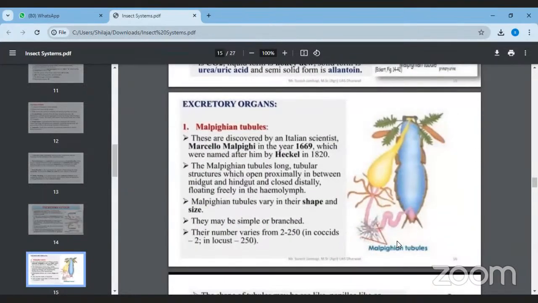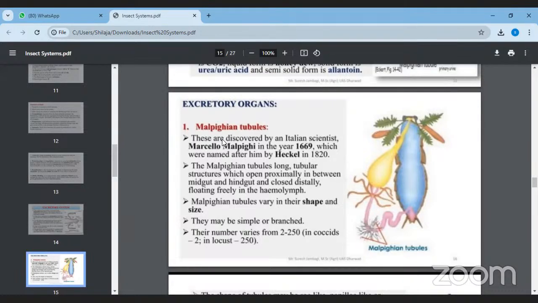Here you can get an idea, after the crop which stores the food. Last class we discussed this system. Here we are seeing the Malpighian tubules, around 60 in cockroach, and in other insects they may vary up to 250.